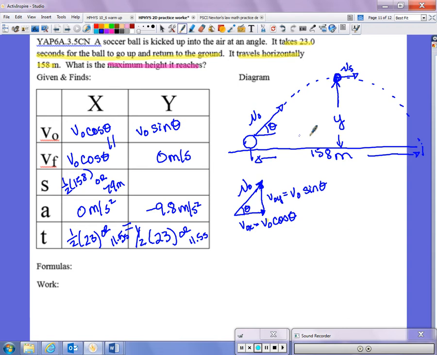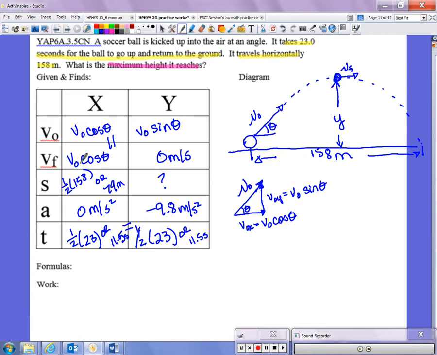We know this horizontal displacement at the midway point is 79 meters. And we need to find this. It's a piece of cake because I have everything I could possibly want in this direction except for the initial velocity. So we need to find the initial velocity.